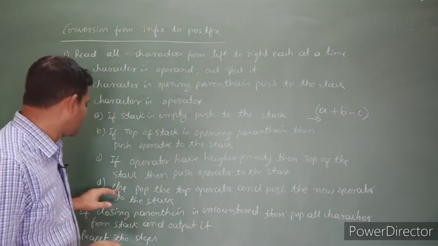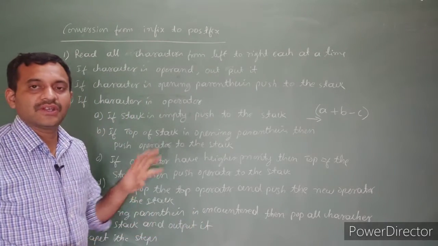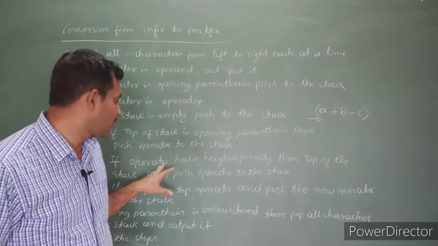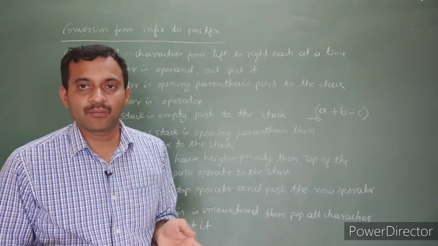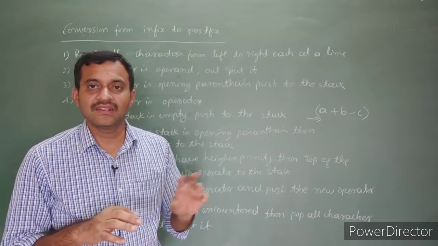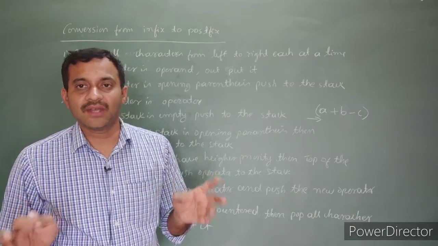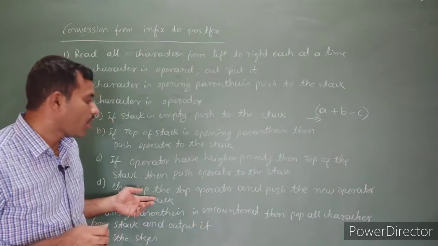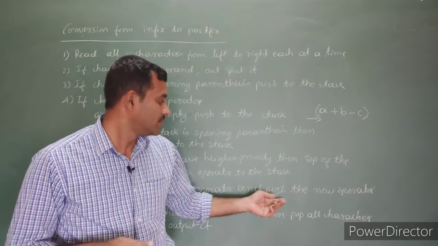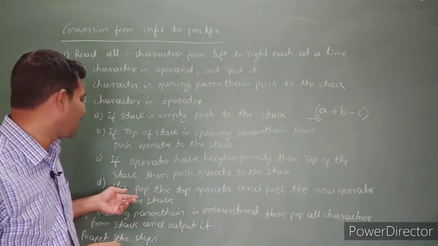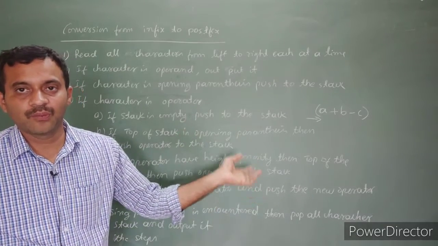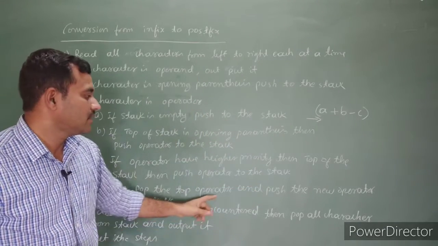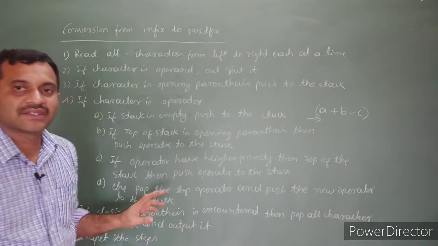Okay, then the fourth one: else if the new operator's priority is less than the top element, or if it is the same priority, then the top operator is popped. That operator is removed from the stack. Then push the new operator to the stack.